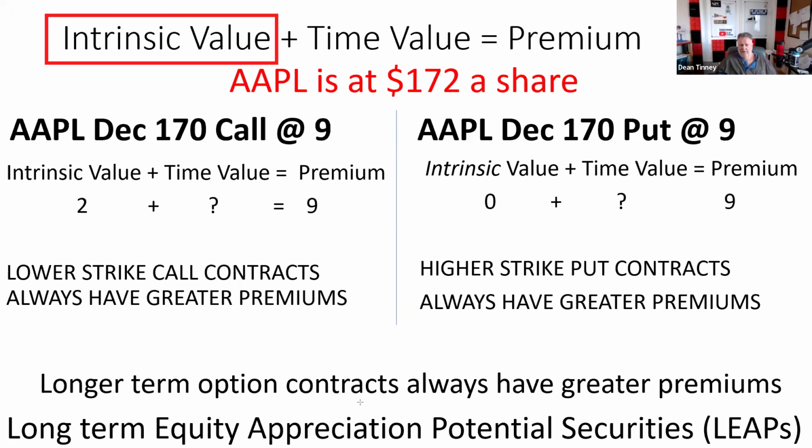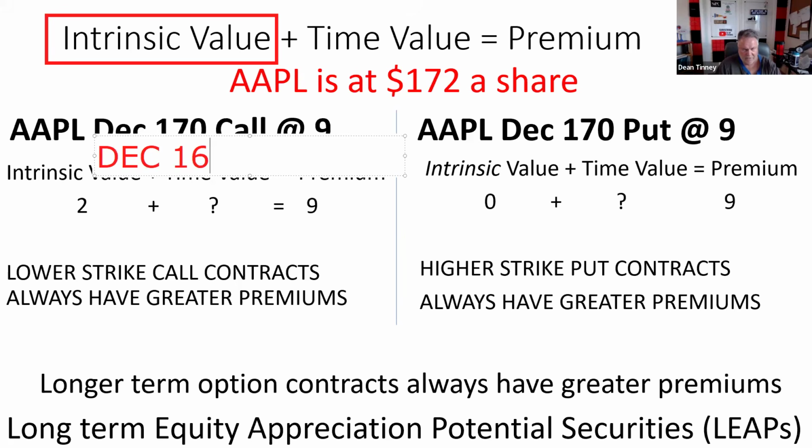I think of time value as everything in excess of the intrinsic value. And you say, hey, Dean, you just told me it's 9, I get it. But what's the price on a December 165 call? I say, well, having a choice to buy at 165, Philip, is more desirable.